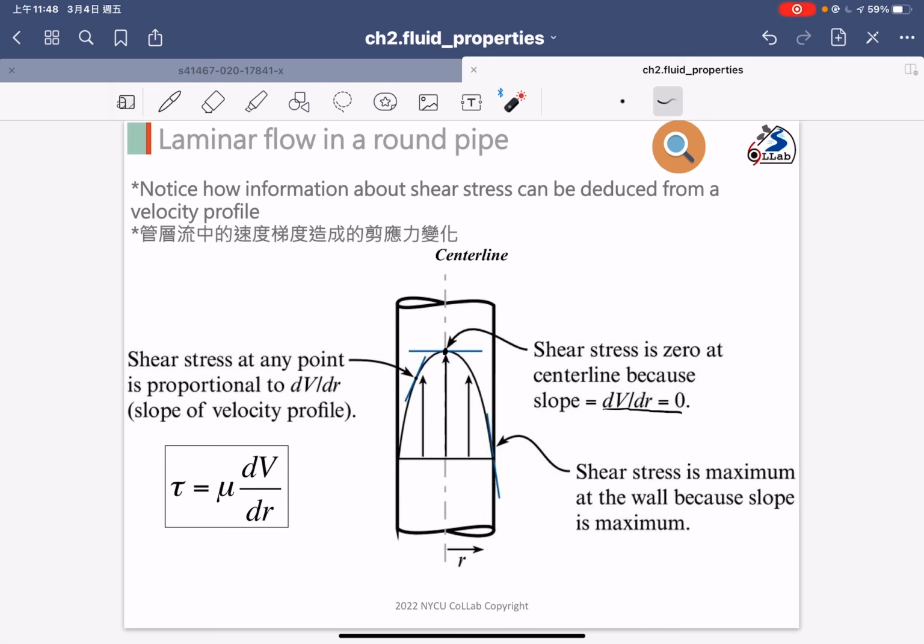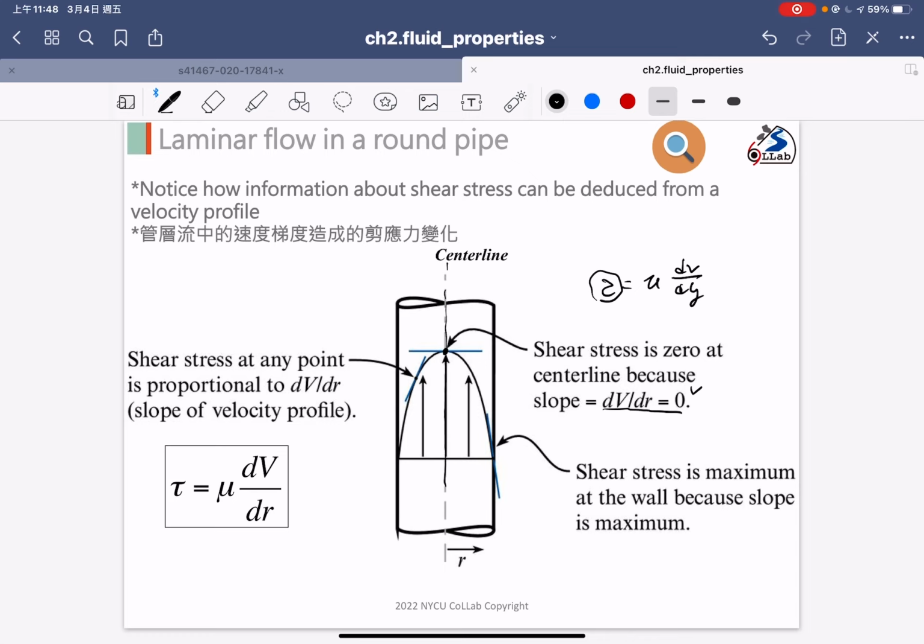That means the shear stress is 0, right? Because the shear stress is equal to the viscosity times dV dy, the velocity gradient. At this point the gradient is equal to 0, so we don't have any shear stress along the center line.